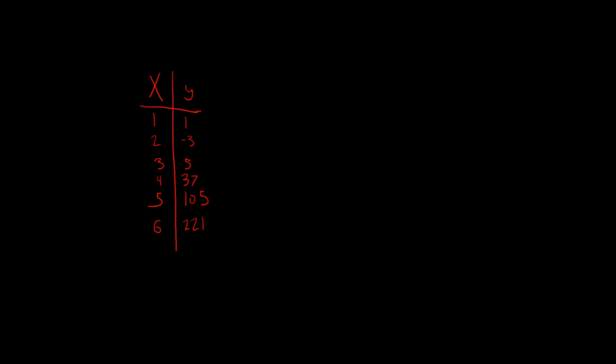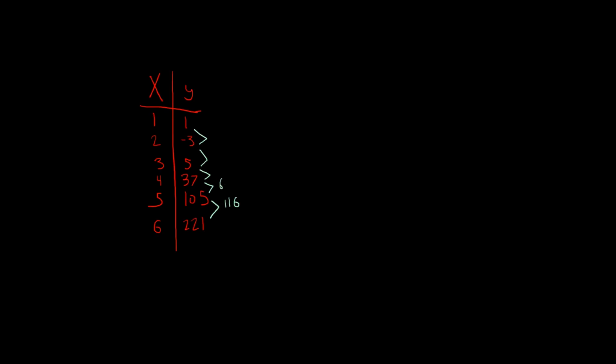So we're going to do 221 minus 105, and we're going to keep doing that for all of the y values. So 221 minus 105 would be 116. Then 105 minus 37 would be 68.